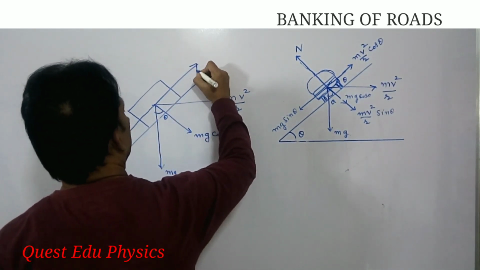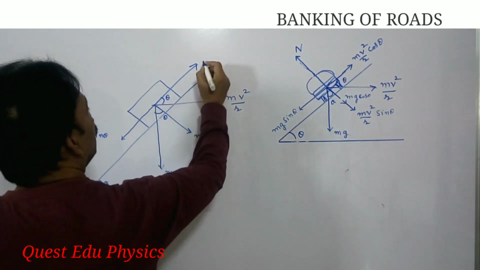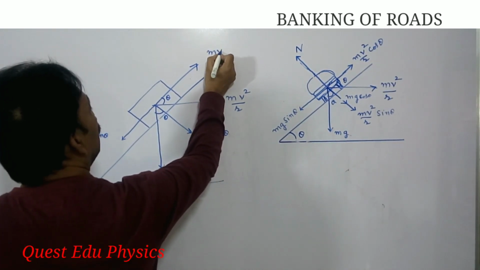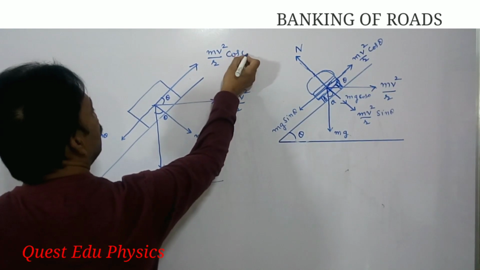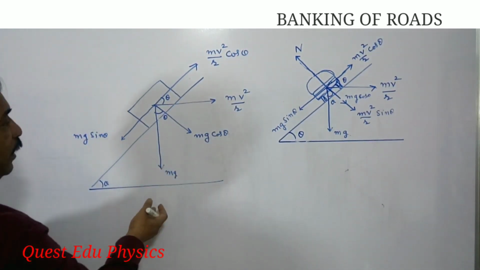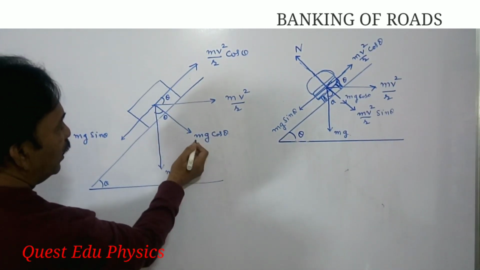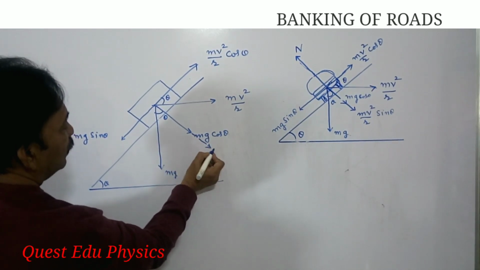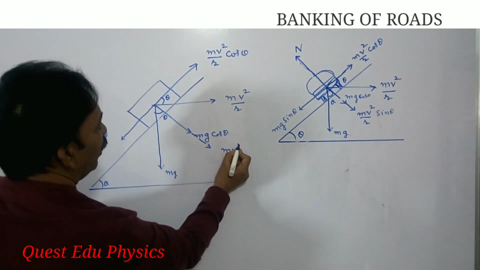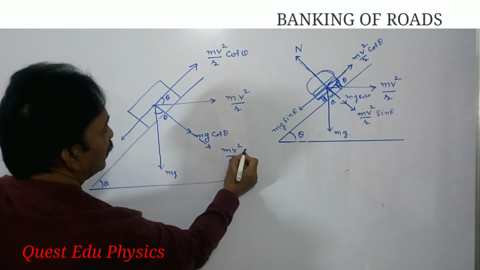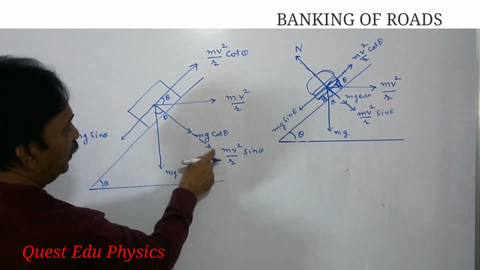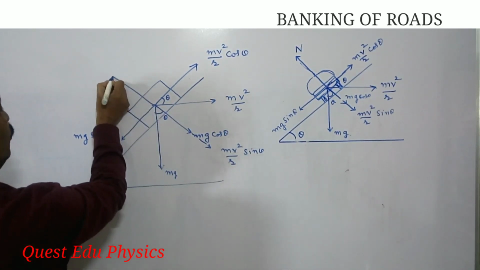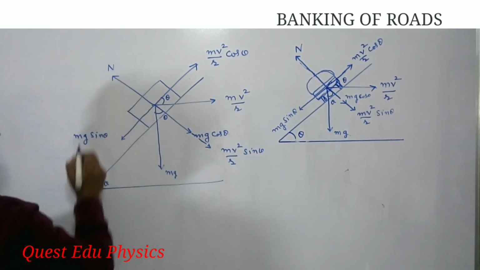Here it is theta. One component is mv²/r cos theta, same as what I did there, and one more component in this direction is mv²/r sin theta. These two get balanced by the normal reaction.